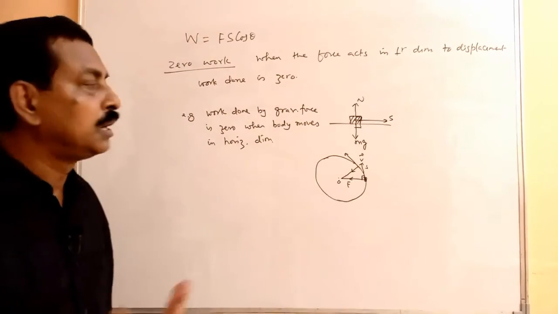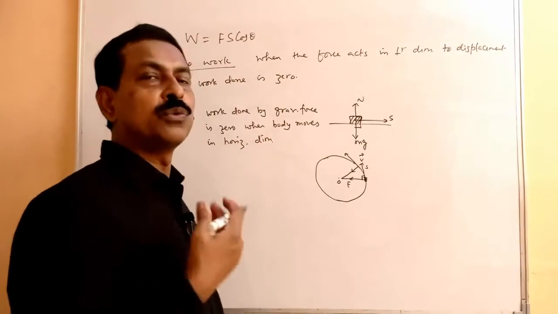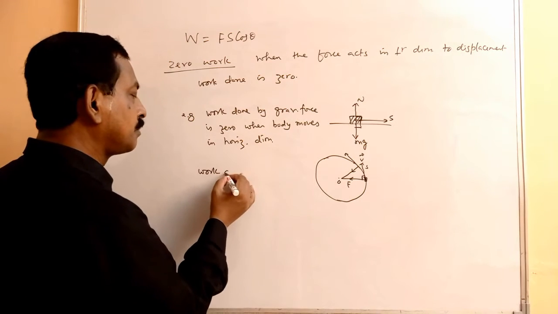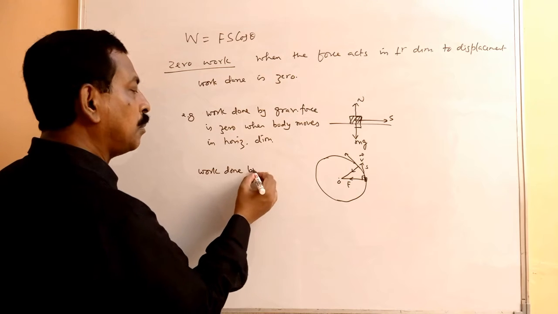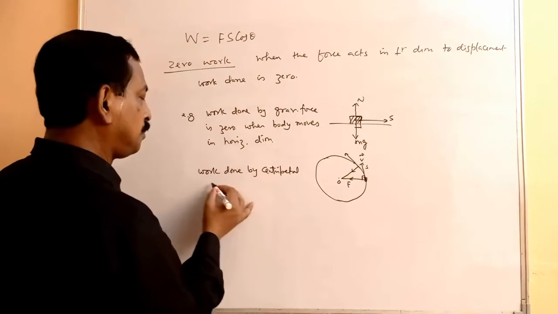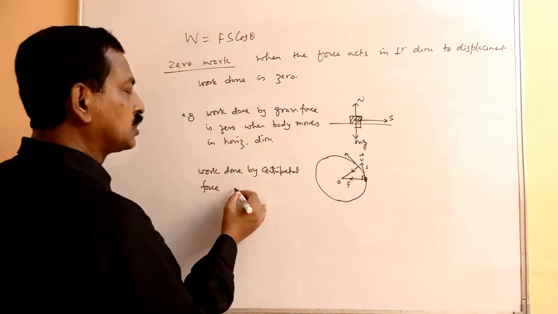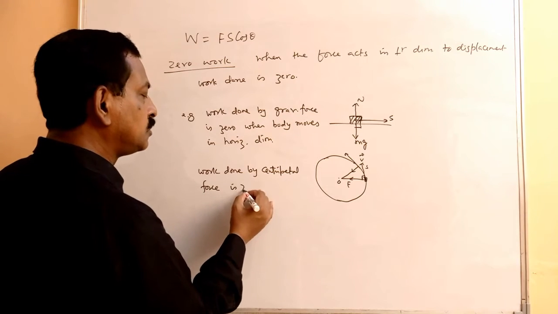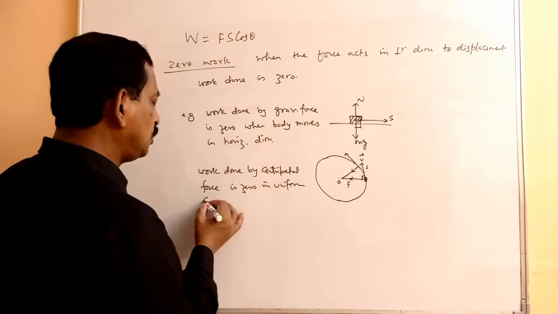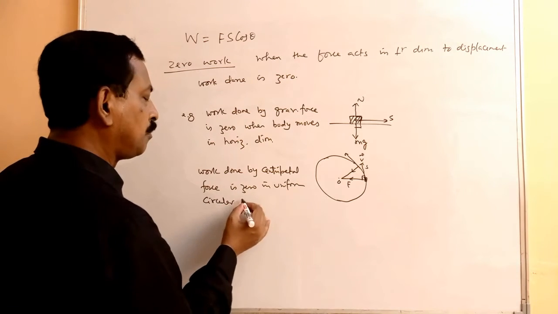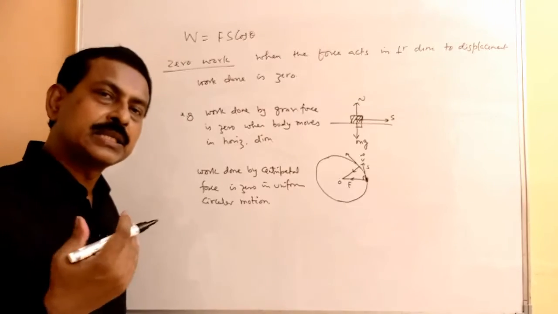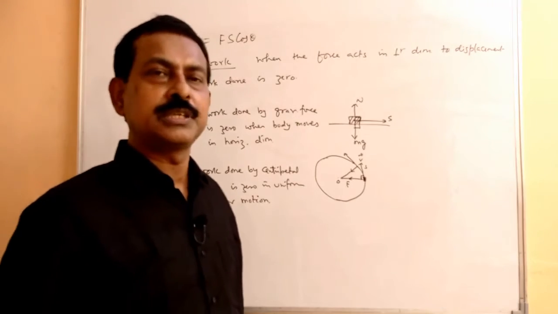So work done by centripetal force is 0 in uniform circular motion.